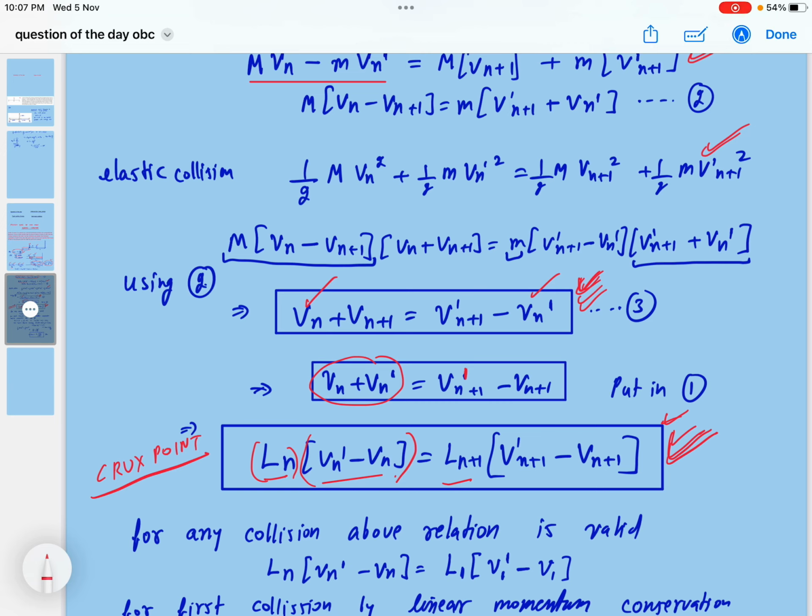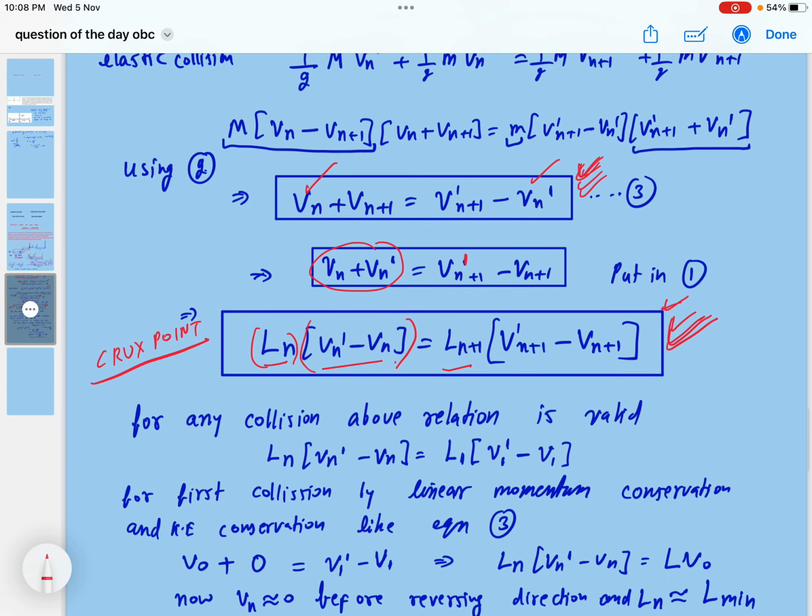There are many problems where we need to rearrange the terms. We have to apply all the concepts of mechanics and then we get a particular pattern. It is that kind of question, right? For any collision, the above relation is valid, so I am applying it even just after the first collision.